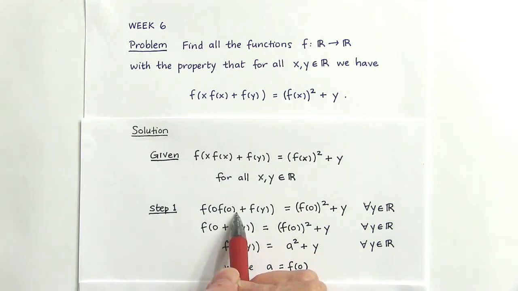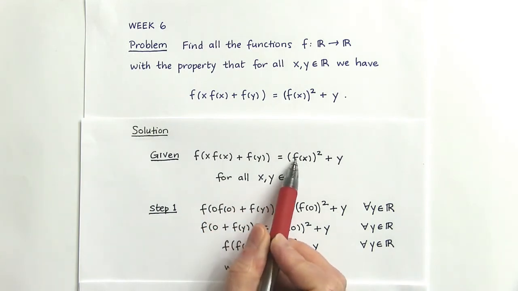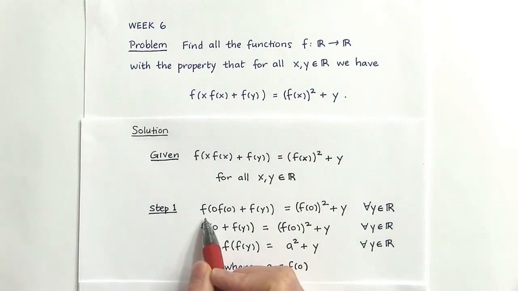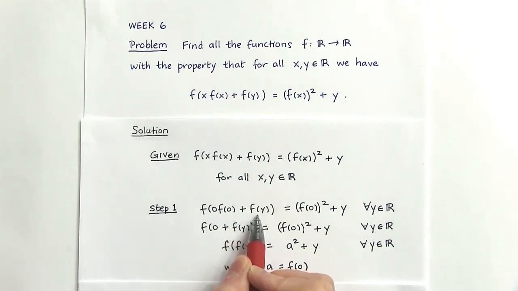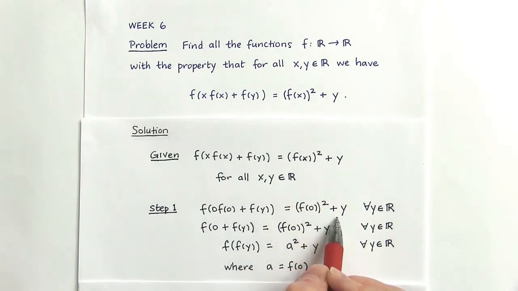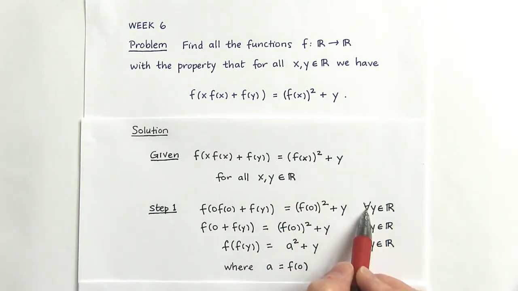So according to this formula, when x is 0, we get f evaluated at 0 times f at 0 plus f at y on the left-hand side, and on the right-hand side we get the square of f at 0 plus y. And this is true for every real number y.